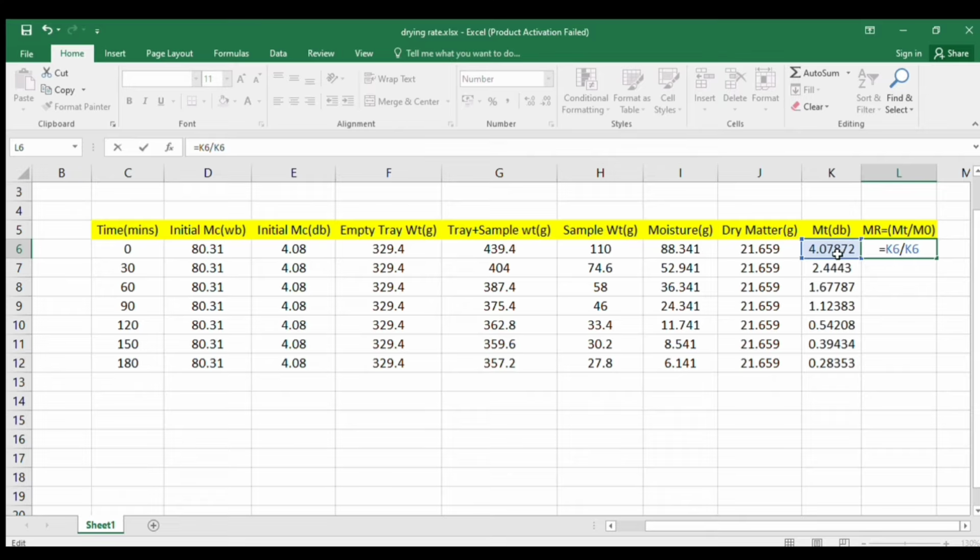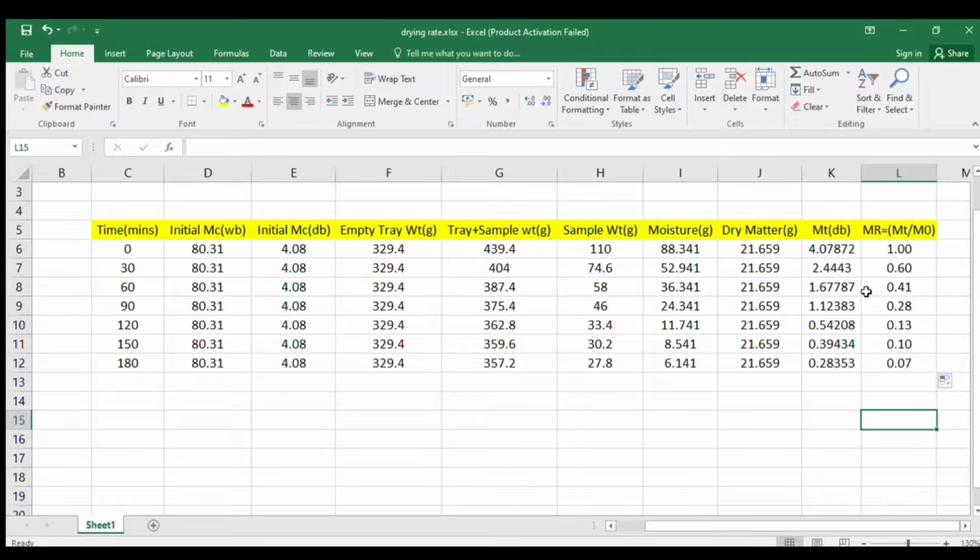So we have to lock this using dollar sign. So we will get 1. The maximum moisture ratio is 1, and it will decrease with time. So we have calculated the moisture ratio.